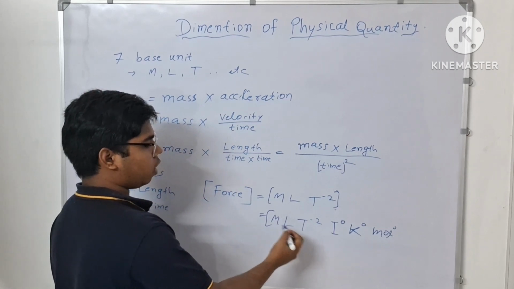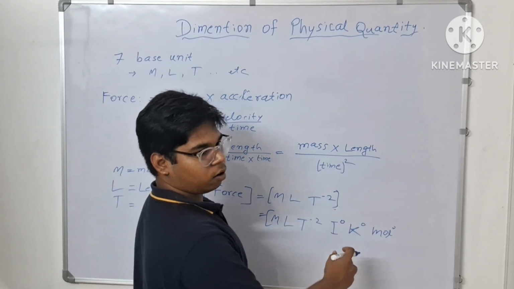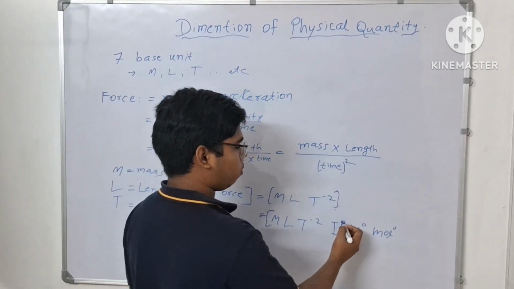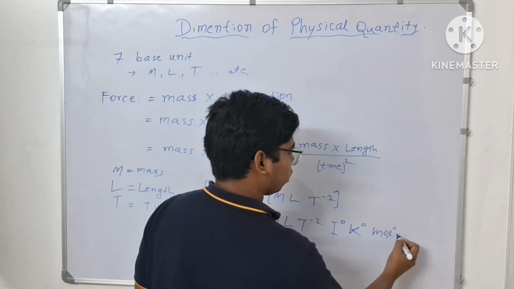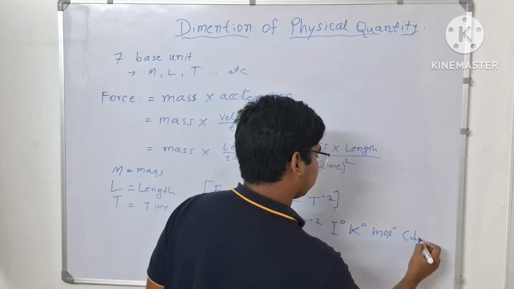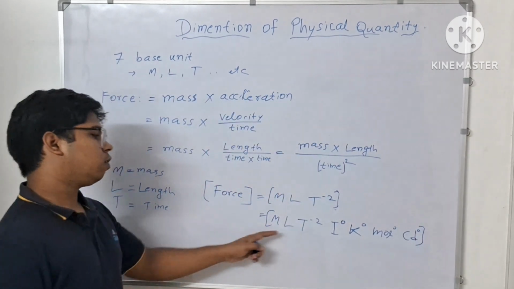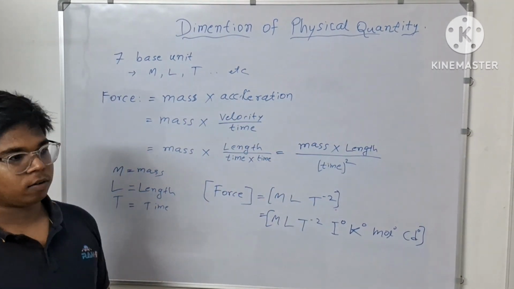So in this dimension they are not present, so we will write power 0. And the luminous intensity, cd power 0. So this is the full dimension of force.